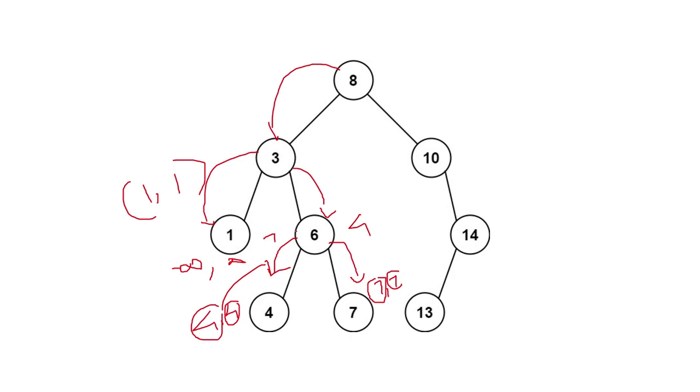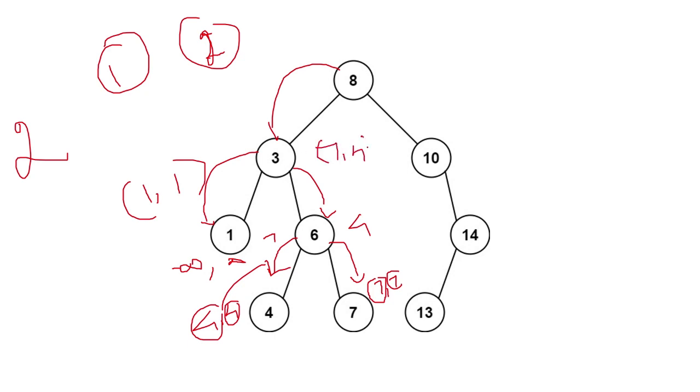The difference between 7 and 6 is 1, which can be one possible answer, and the difference between 6 and 4 is 2, which can be another possible answer. We choose the maximum one, so we choose 2. Now the current answer is 2. Then the minimum and maximum values, 7 and 4, are sent back to 3.